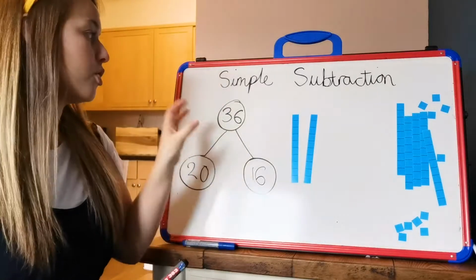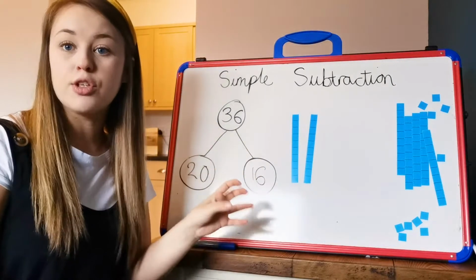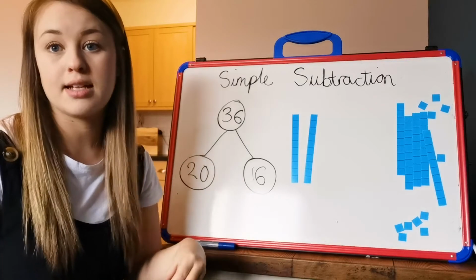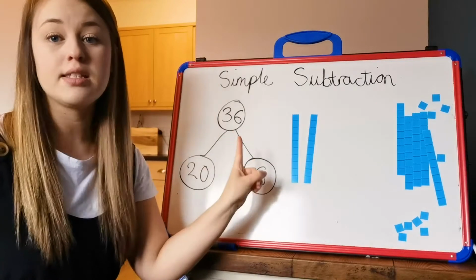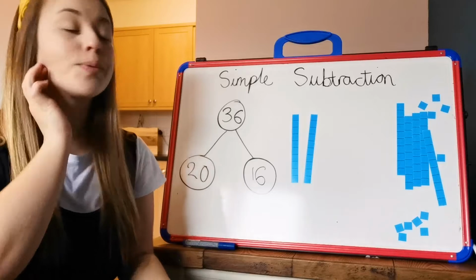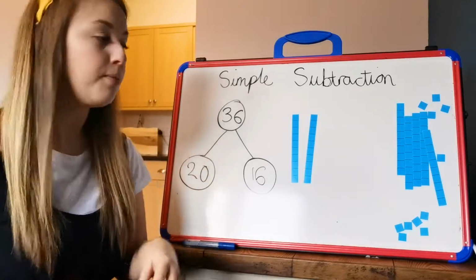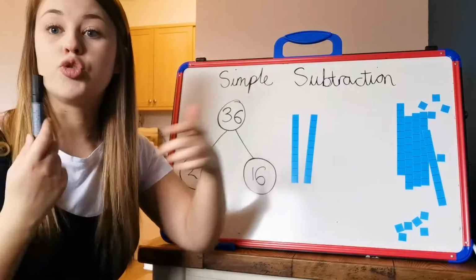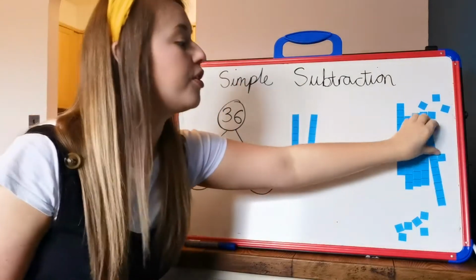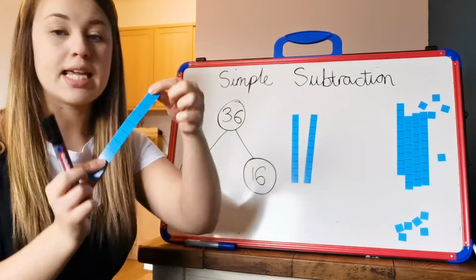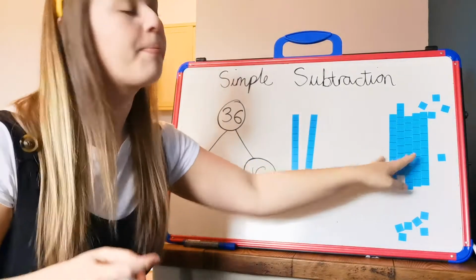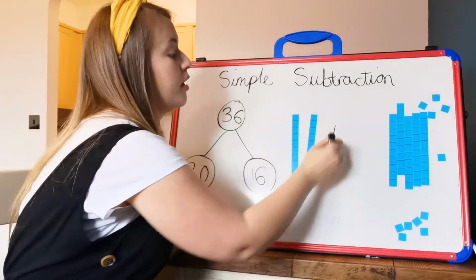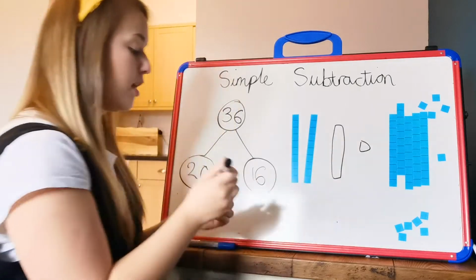I tend to not use part-wholes as a method for subtraction, mainly because you have to have a really good understanding of number to be able to do this without using anything else. So the first method that I'm going to show you is how to take away by drawing deans. Now, I've got the physical deans here today just to help me out a little bit, but you would do the same thing as I've shown in my other videos, where you just draw a tens dean and a ones dean.